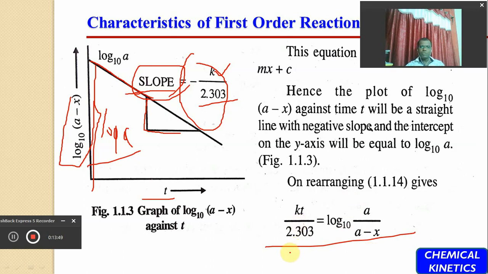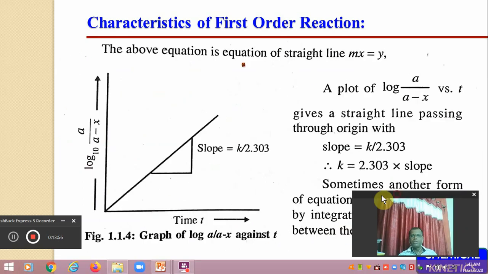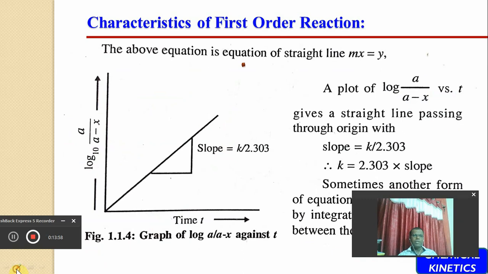Whenever this equation is compared with the equation of a straight line, y is equal to mx, it indicates that the plot of log of a upon a minus x versus time gives a straight line passing through the origin, with the slope equal to k upon 2.303, without a y-intercept.